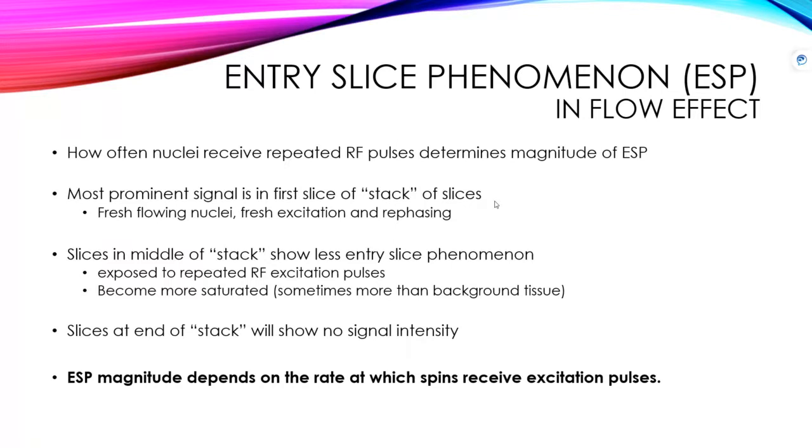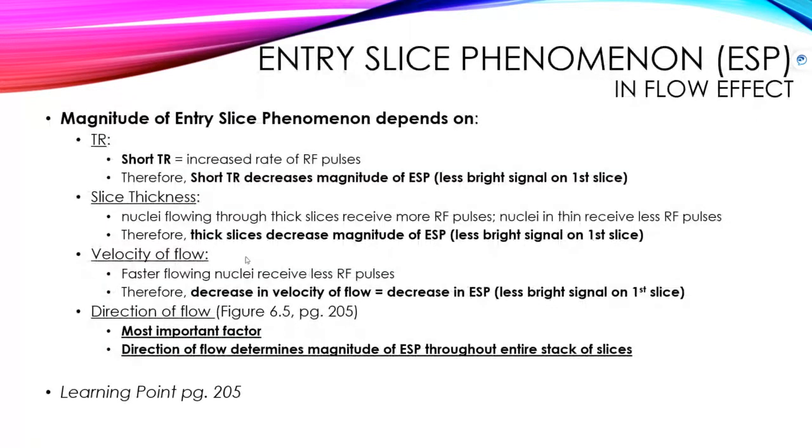The fresh flowing nuclei, the fresh spins, are the ones that produce the entry slice phenomenon, which is the bright signal. As they continue to get extra pulses in that slice, they're going to be less and less bright.